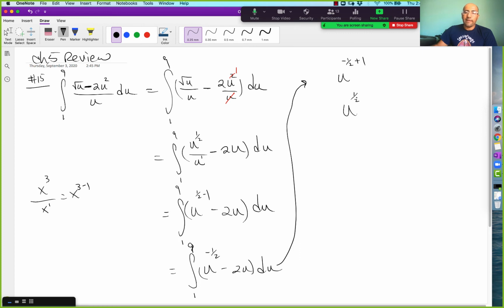If I take the derivative of this, we bring down the 1/2, so I need an extra 2 in there. Minus, and then u to the second power gives me exactly this. Good. Evaluated from 1 to 9. Good. Any questions about that?